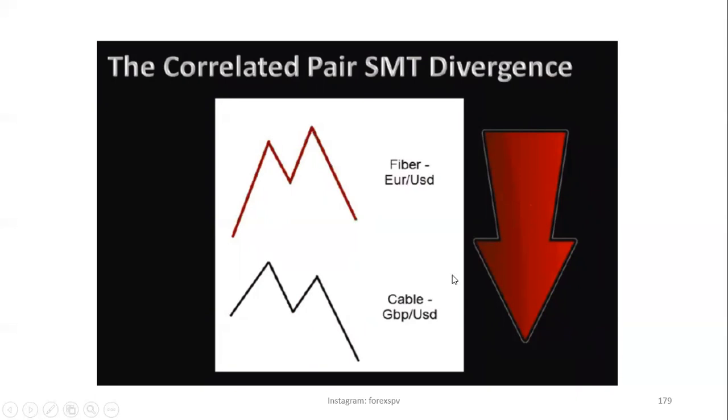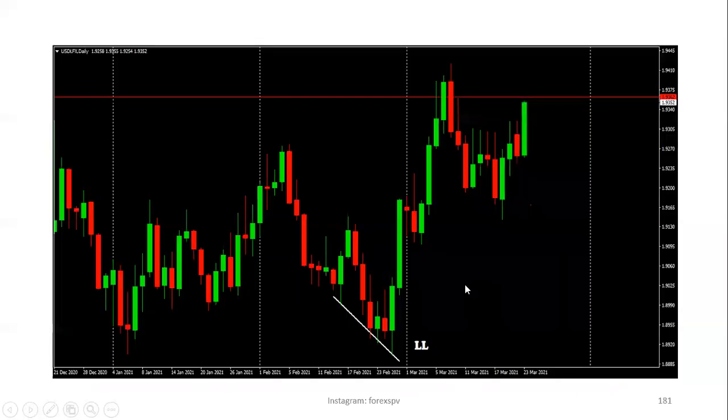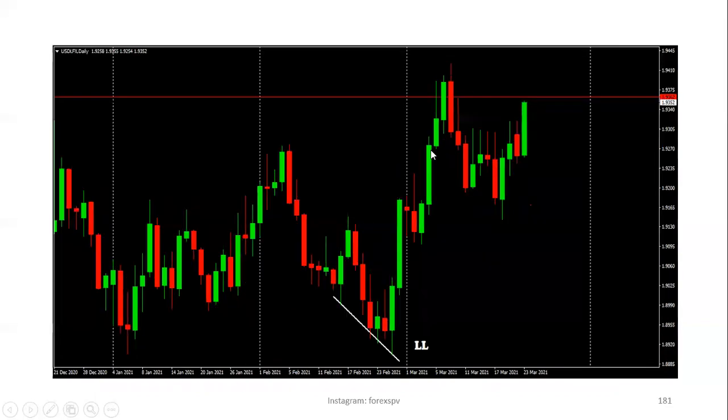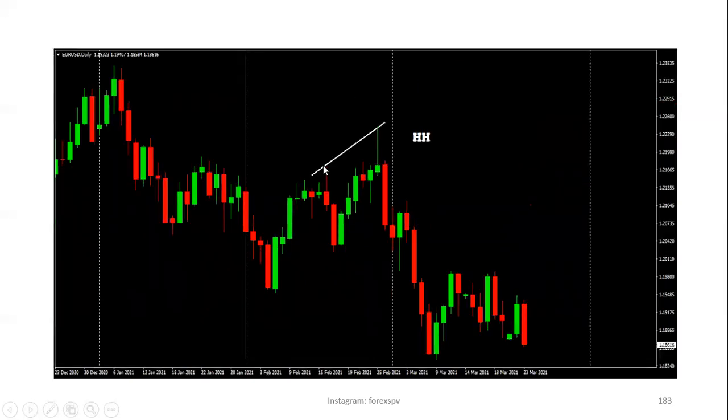So here, this is the dollar index forming a lower low, and this is USD forming a lower high, and you find Euro USD moved much higher, with a very small retracement compared to the dollar index. Euro USD was forming a high, and GBP USD also had a high at this time, and then we had this move. So this was SMT divergence based on correlated pairs on the dollar.